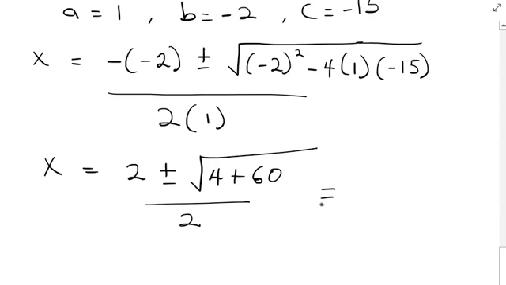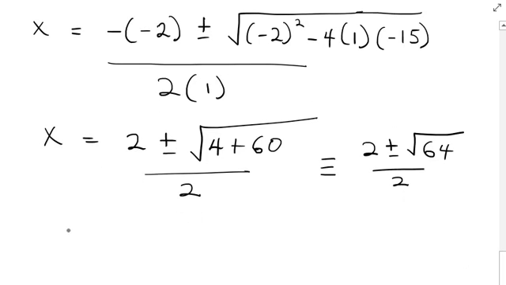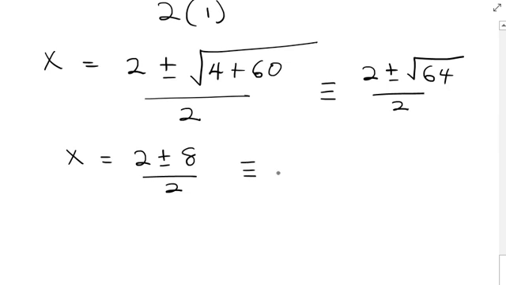So we can simplify further here. 2 plus or minus the square root of 64, all over 2. So x equals 2 plus or minus 8 over 2, because the square root of 64 is 8. So it means 2 plus 8 over 2, or 2 minus 8 over 2, because of the plus and minus in between.